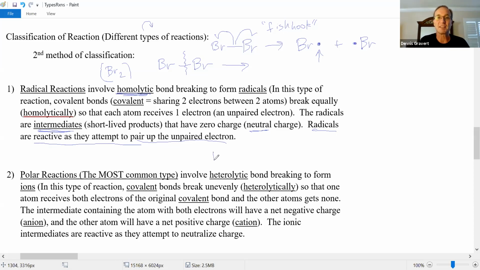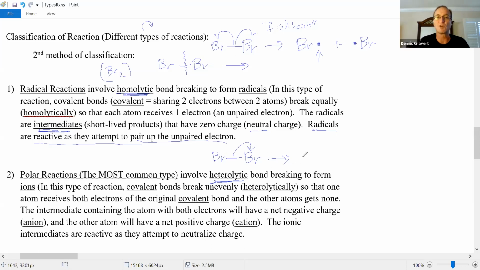There's another way you can break that bond, and that's an unequal bond separation. You can break it heterolytically, unequally. So how does that happen? Well, 1 line equals 2 dots, and just those 2 dots, those 2 electrons, all go to one of the bromines.